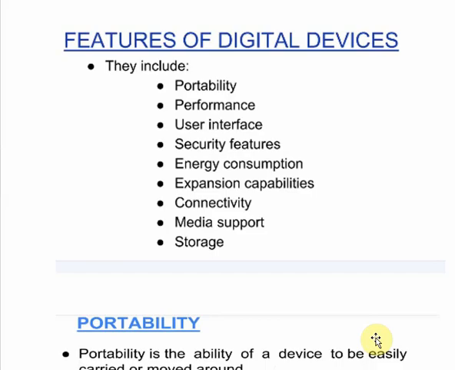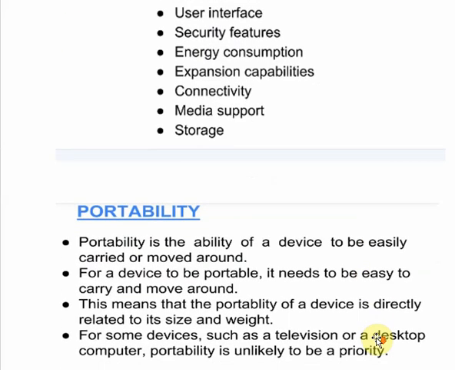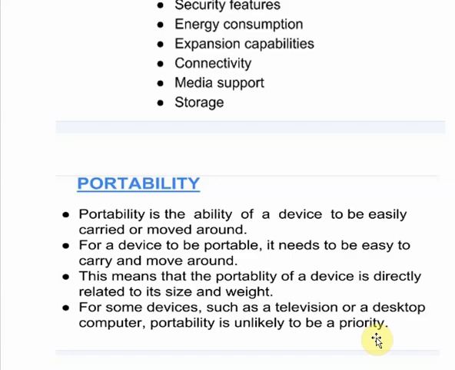Now portability means we are giving first preference, right? It should be portable, easily carried or moved around. Then we need to consider the size and the weight. Television or desktop computer, it is not designed for portability. That's what you need to understand, right?